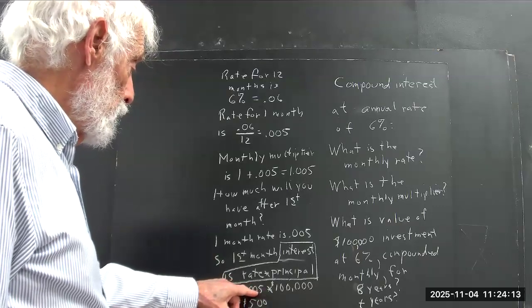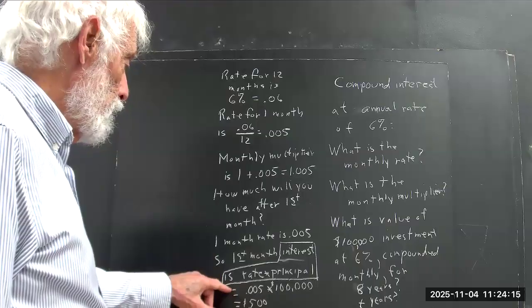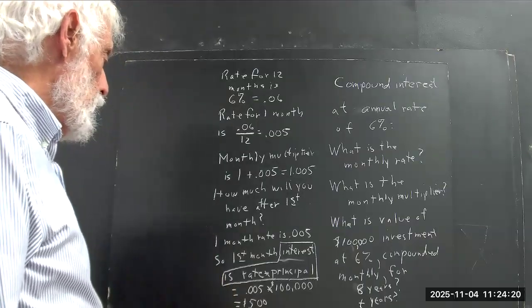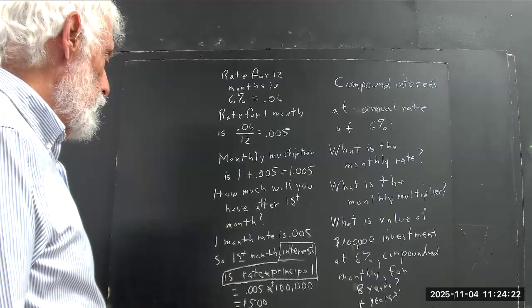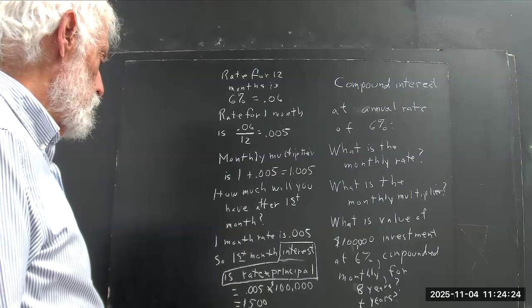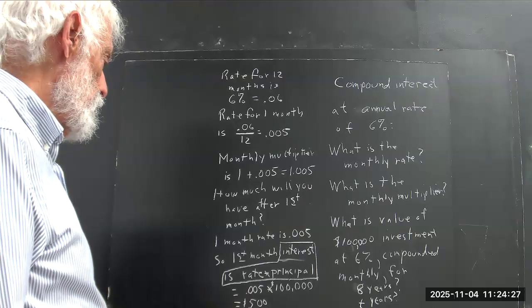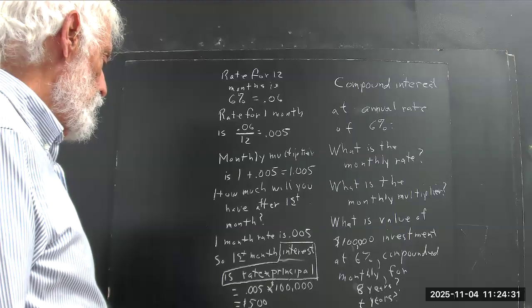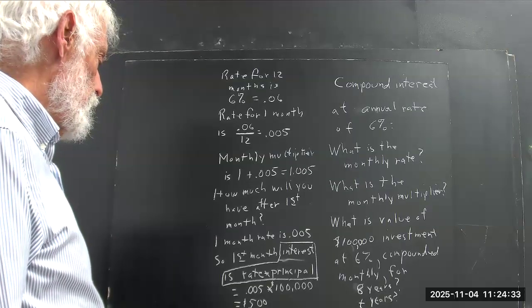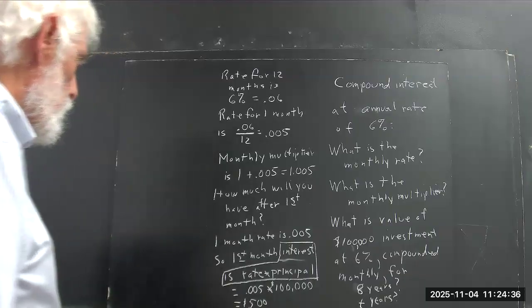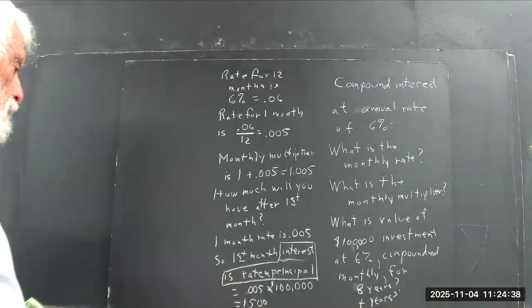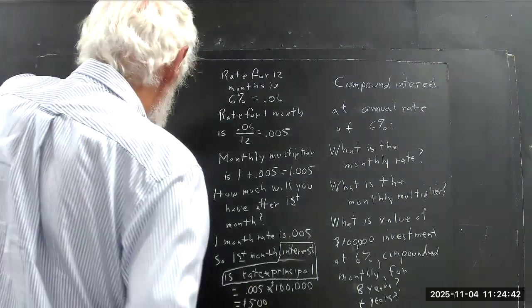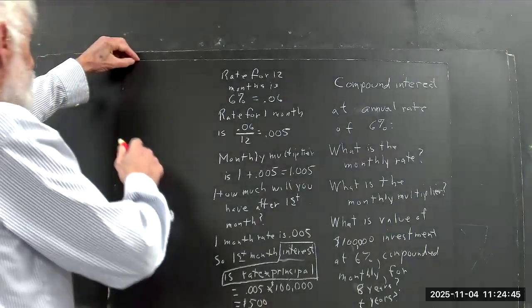You go 1, 2, 3, 4, 5. And move it 6 places. So anyhow, your interest is $500.